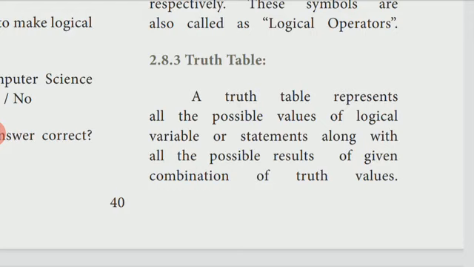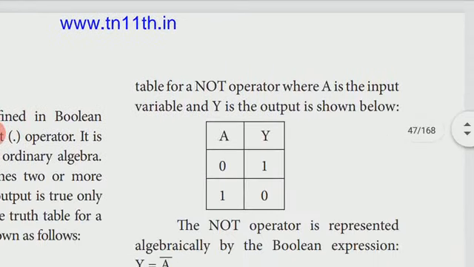For example, see, this is called a truth table. Here A is a variable, y is the result, and these are all the values. This type of table is called a truth table.